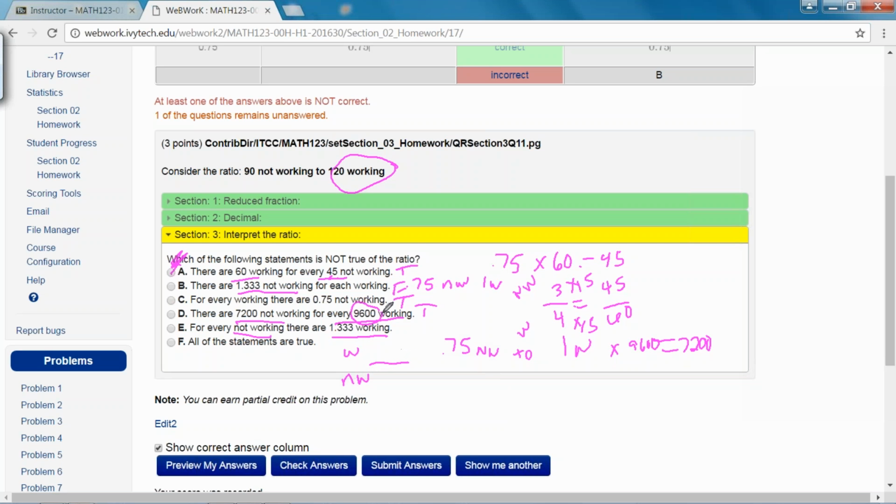Okay, so we have 120 working to 90 not working. And that does come out to be 1.3 repeating, so that is true. So the only false one is B.